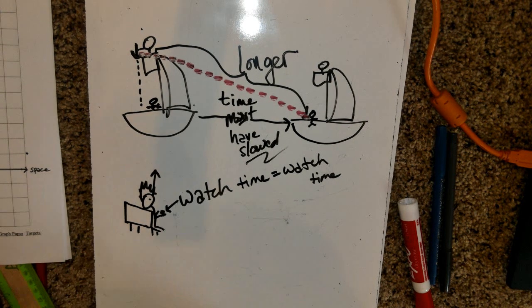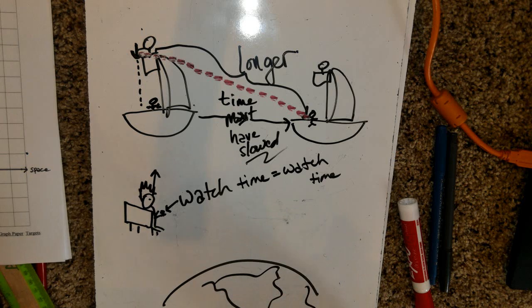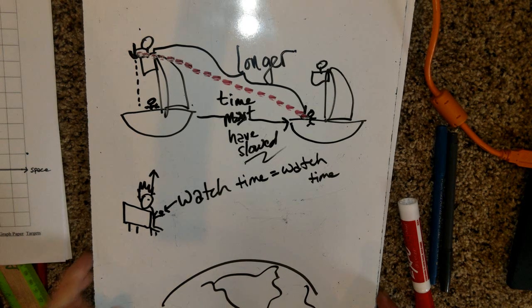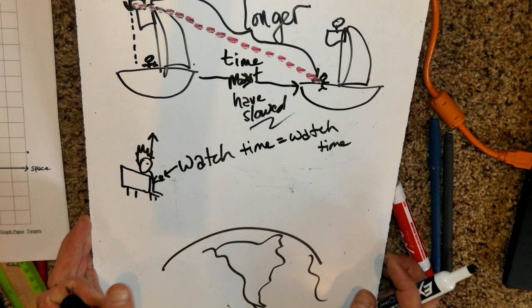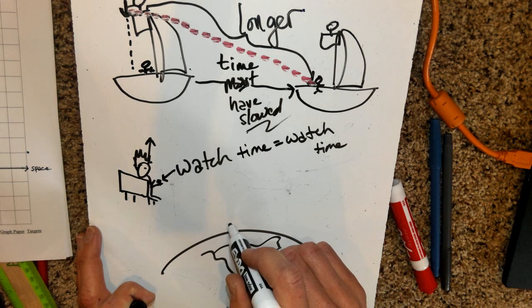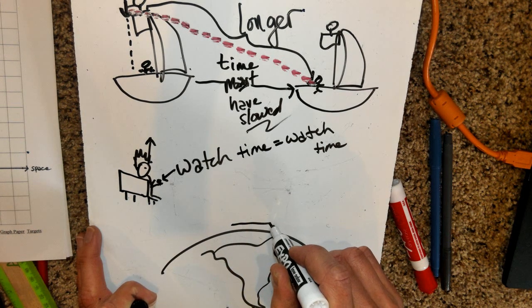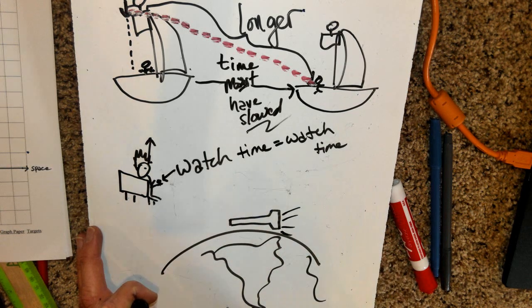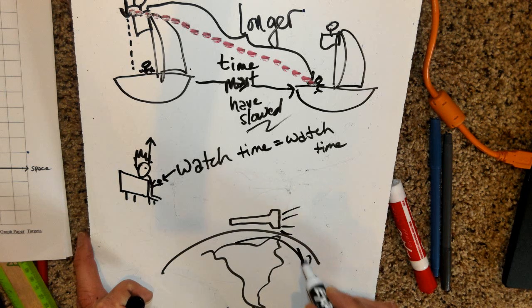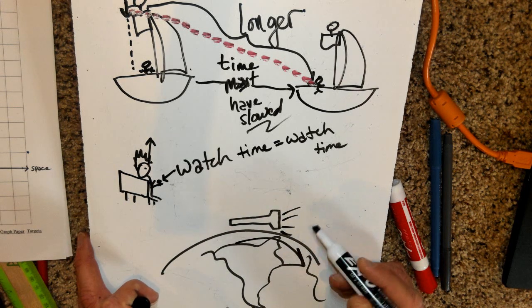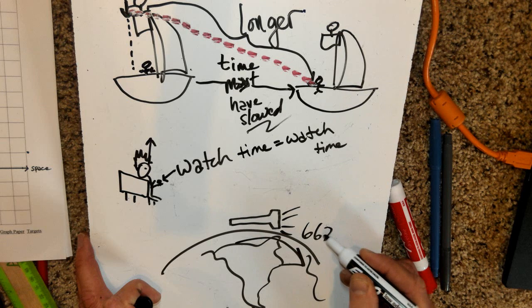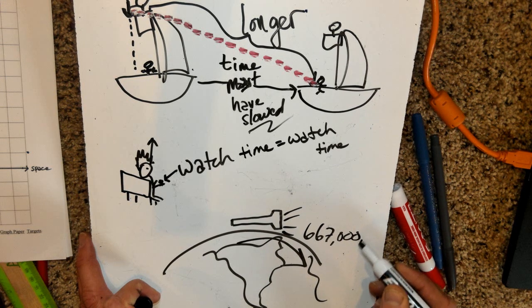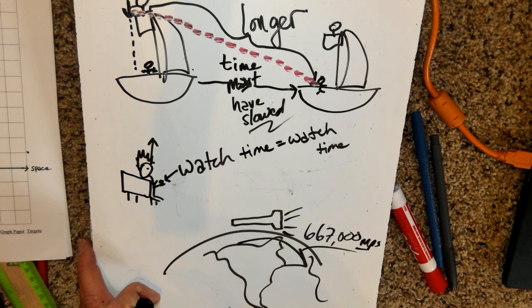One experiment they did was, imagine this is the Earth. I got some countries here. He took a light and shined it one way with the rotation of the Earth, and they measured 667,000 miles per second, I think it is, something like that.